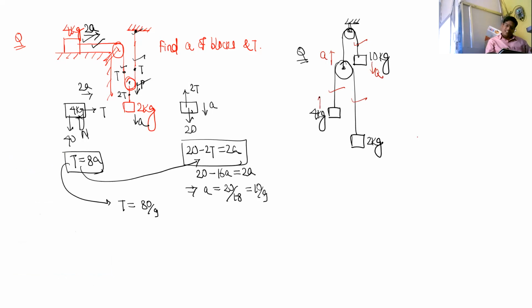So if you assume its acceleration to be a1, its acceleration to be a2, then you have to assume its acceleration to be (a1 plus a2) by 2. Its acceleration has to be kitna? (a1 plus a2) by 2. Similarly, its acceleration has to be (a1 plus a2) by 2. Got it? So this is how we have used constraint equations, and then we can solve it.